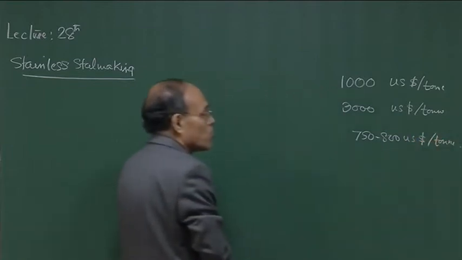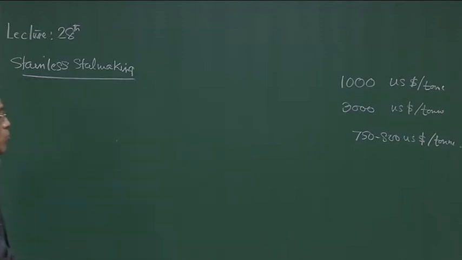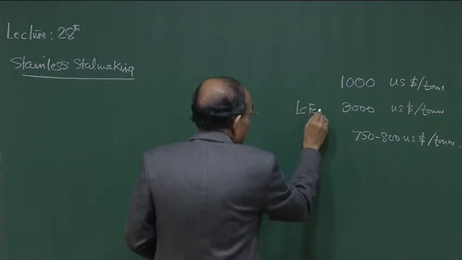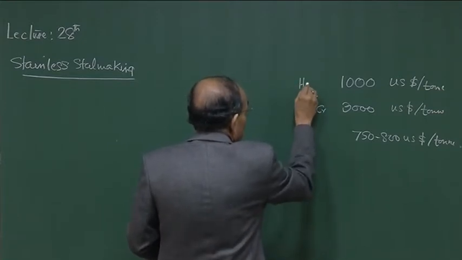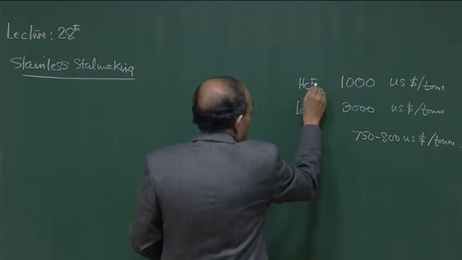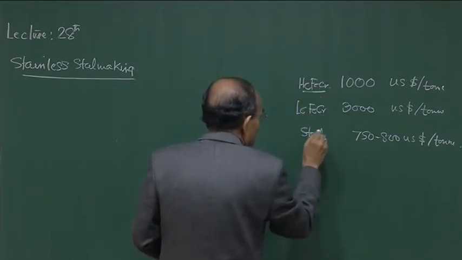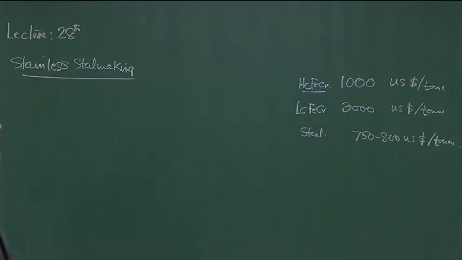So, you can imagine that if you want to use low carbon ferrochrome. So, this is LC ferrochrome, low carbon ferrochrome, this is HC, high carbon ferrochrome, this is carbon steel. So, there is quite a bit of difference.